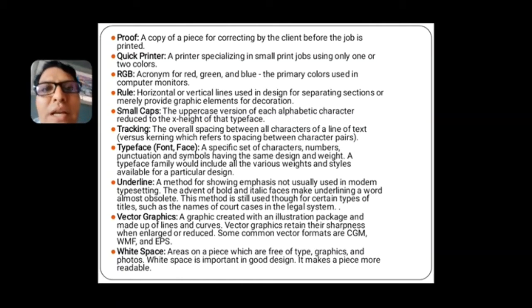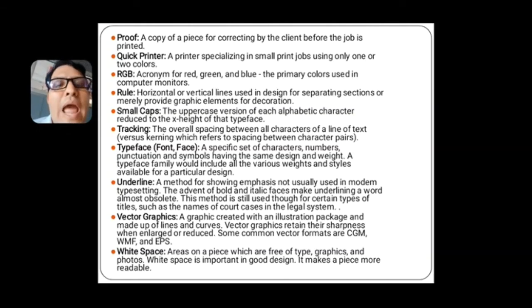So that is why it is a copy of a piece for correcting by the client. Once the job is printed, we are unable to correct it. So that is why, before printing, if any mistake exists in your print, the client has to rectify it. So the rectified copy is nothing but a proof.